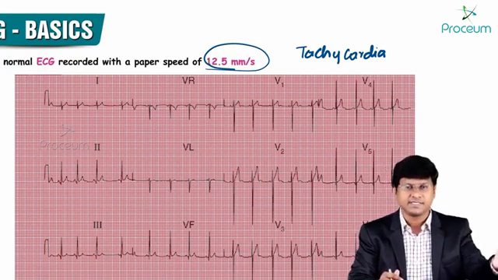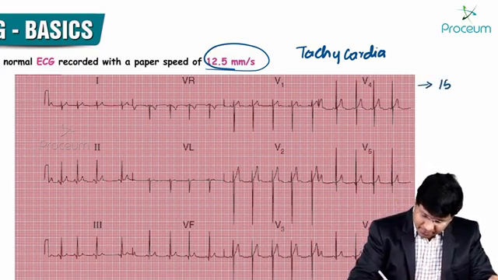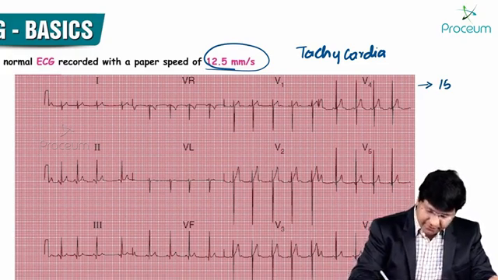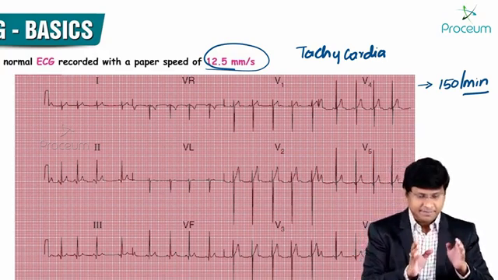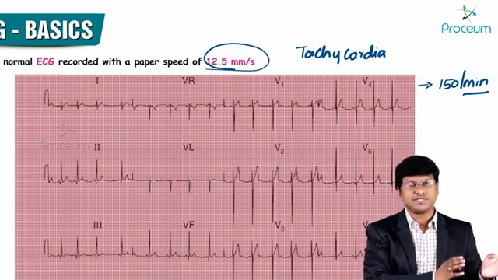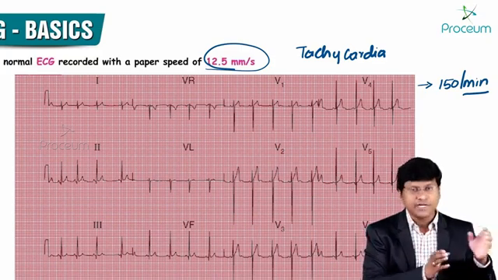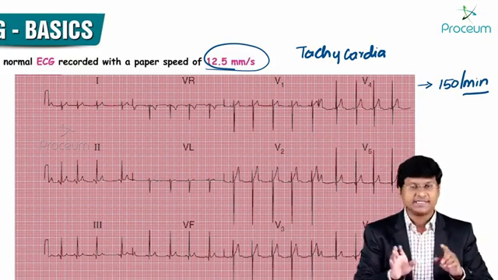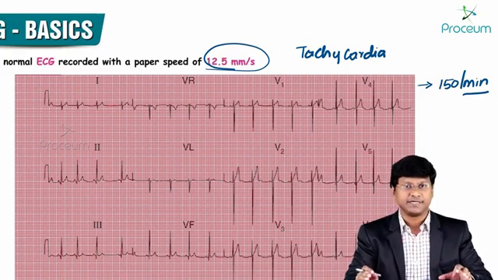It is not the same patient I have shown you previously. So the heart rate in this ECG paper is around 150 per minute. So now the concept is that if the paper is moving fast out of the ECG machine, it appears that there is bradycardia. If the paper is moving slowly out of the ECG machine, it appears that there is tachycardia. So that is what you need to know about the ECG paper speed.